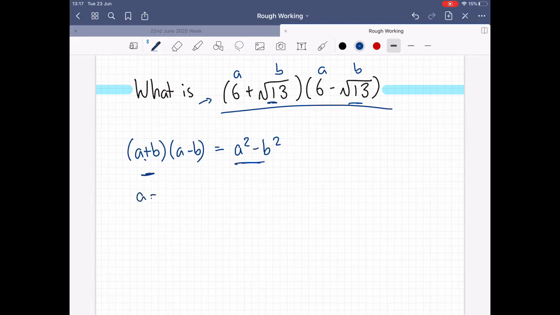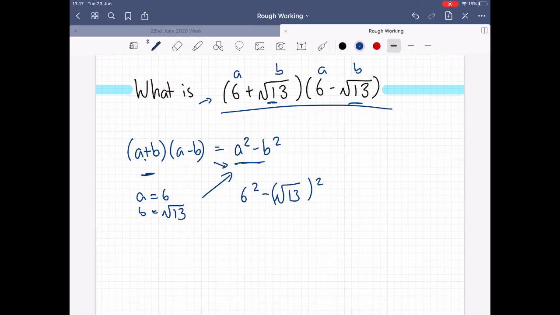So a is 6 and b is the square root of 13. So we get 6 squared take away the square root of 13 squared, by plugging a and b into a squared take away b squared, because this is the simplified form.